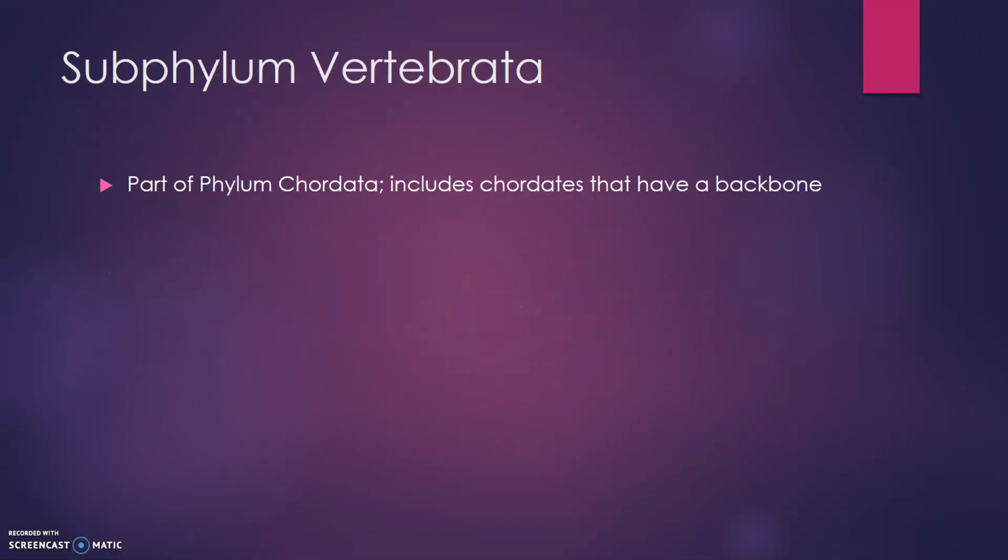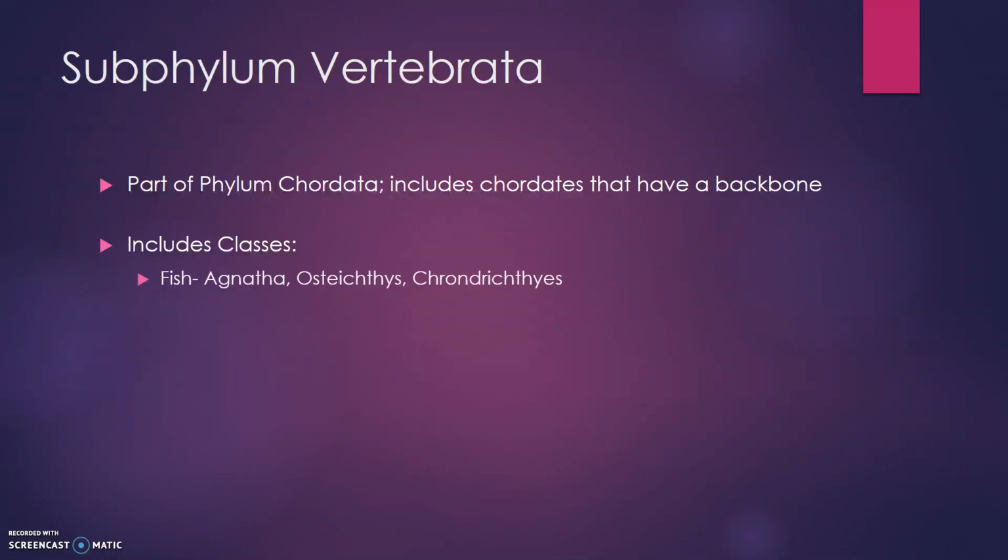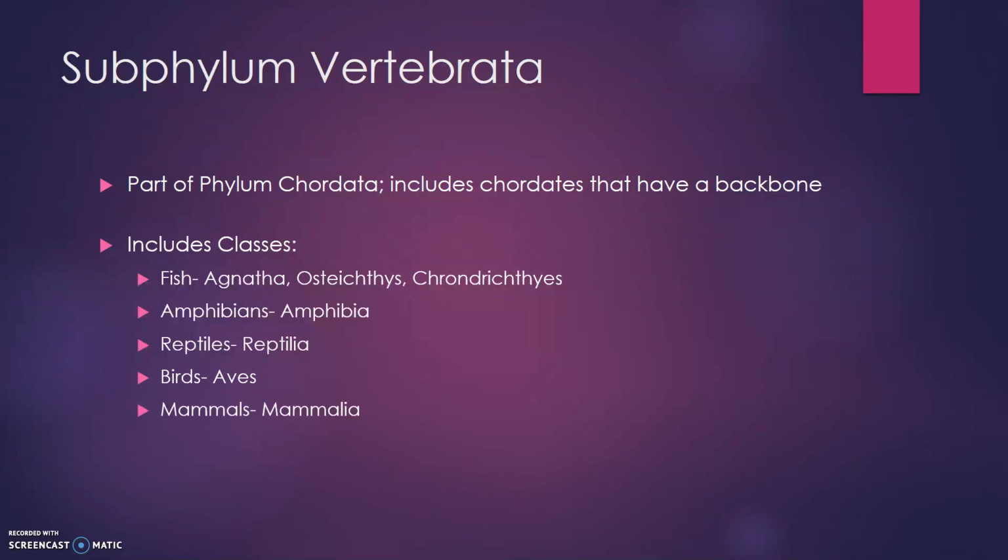So then moving into subphylum Vertebrata, which is a subphylum under Chordata. This includes the chordates that have a backbone. And it includes the groups, the classes out of the fish, classes Agnatha, Osteichthyes, and Chondrichthyes. So these are jawless fish, bony fish, and cartilaginous fish like sharks. Amphibians, reptiles, birds, and mammals.